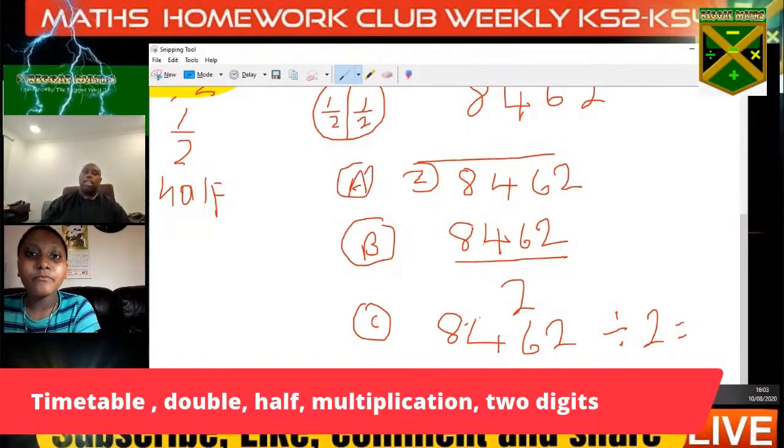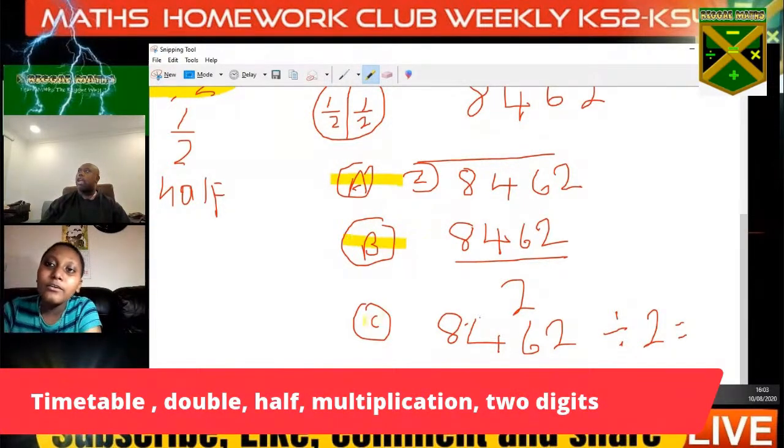What am I trying to say here? These are all the same. It doesn't really matter. If I get the answer here and you get this, it's exactly the same.